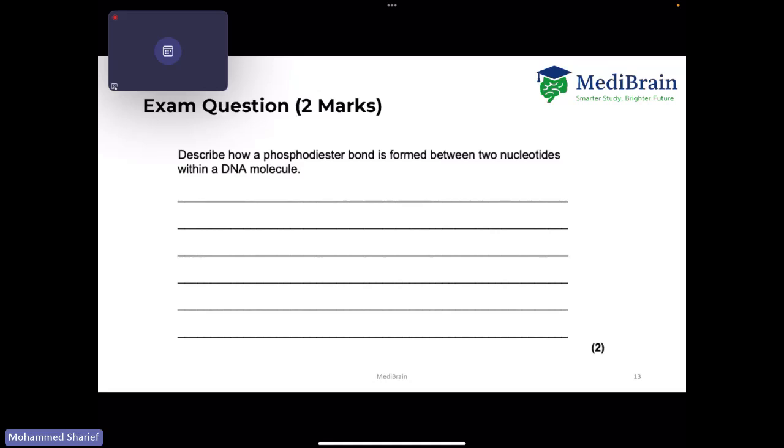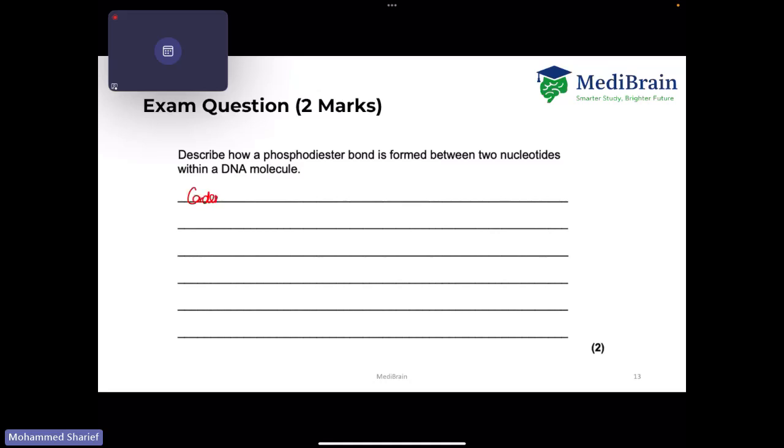This is a simple sort of look at a mark scheme, make a flashcard of your answer, learn it before the exam question. How is a phosphodiester bond formed? It is formed from the condensation reaction between a phosphate of one nucleotide and the deoxyribose of another.